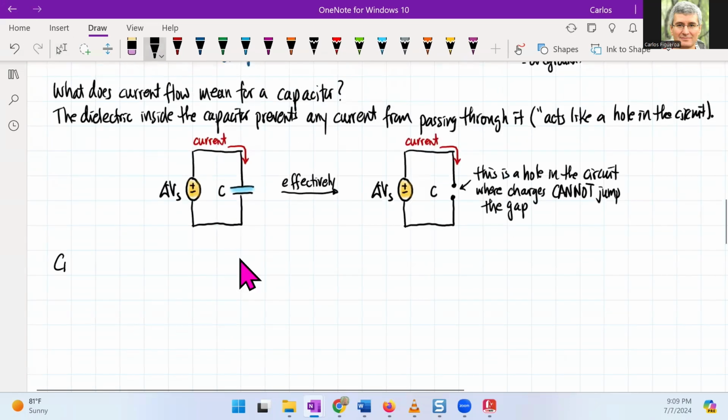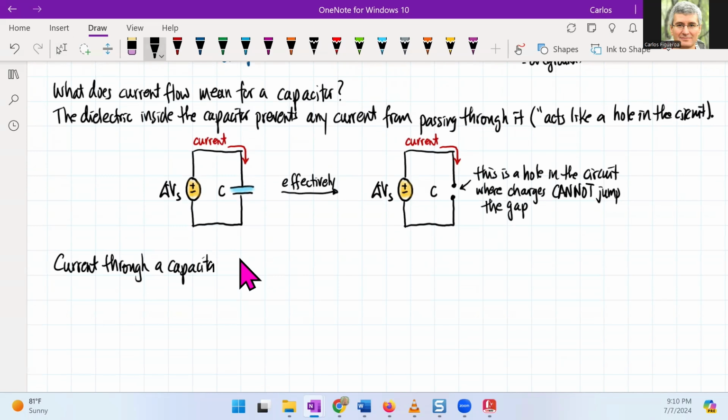So current through a capacitor is unique in circuits. I should probably put that down: current through a capacitor is unique in circuits. No other element does that. So what do we mean by current?